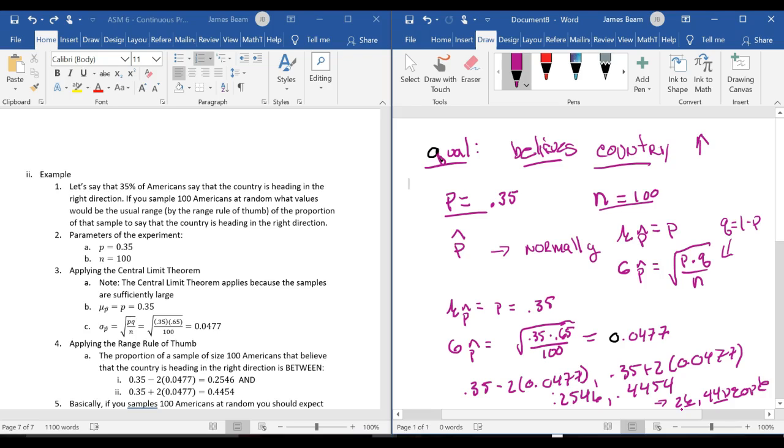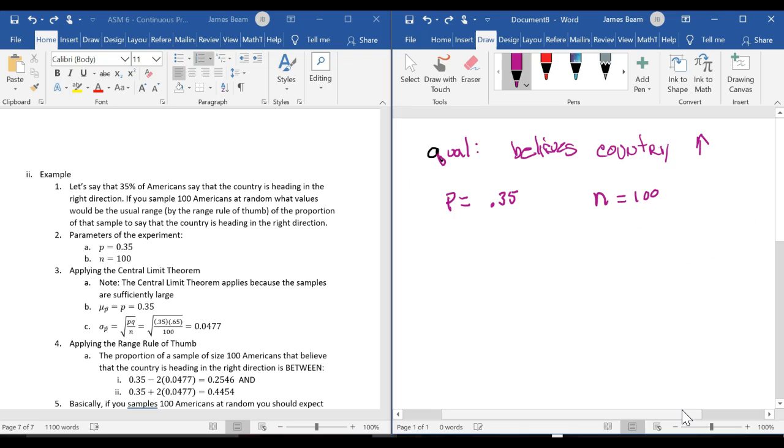Either that sample is not representative of the population, or my understanding of this population is wrong. And that's what's going to bring us into hypothesis testing, this idea that the sample should lie in a certain range, and either it does or it doesn't.